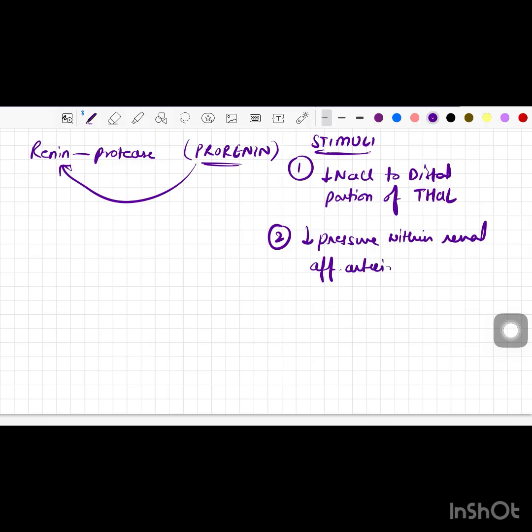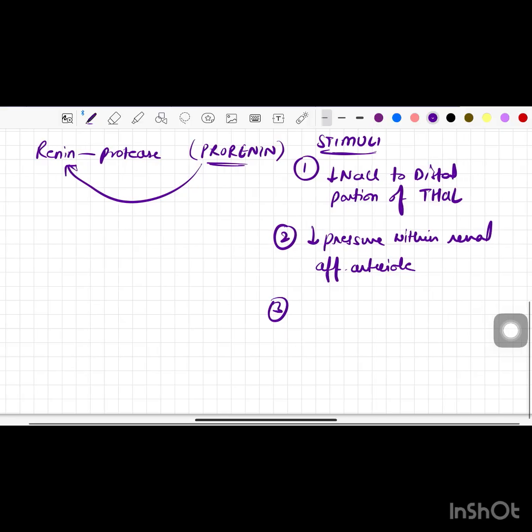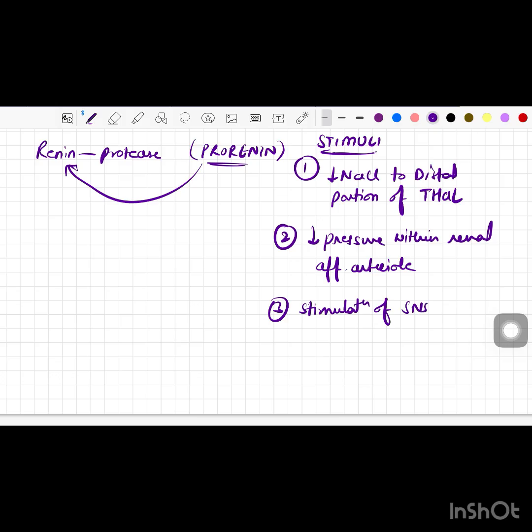This is the second stimulus for renin secretion. And the third one is stimulation of the sympathetic nervous system via beta adrenergic receptors.